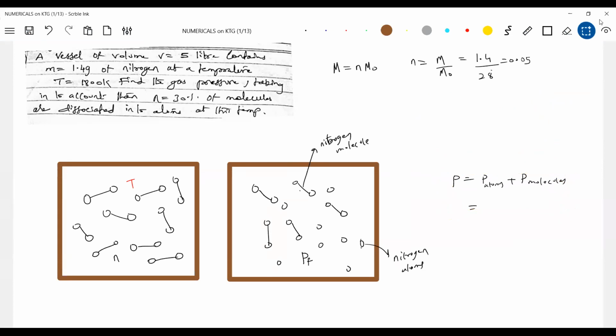We have the number of moles. The initial number of molecules is the mass divided by the molecular mass, times Avogadro's number. This is the number of molecules of nitrogen.